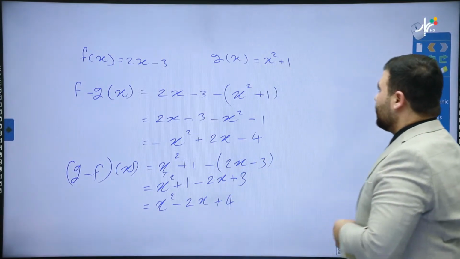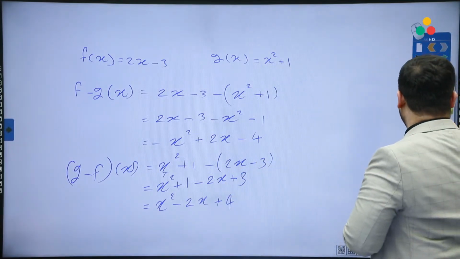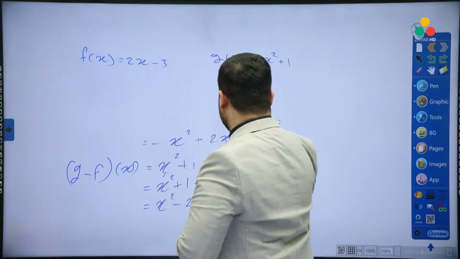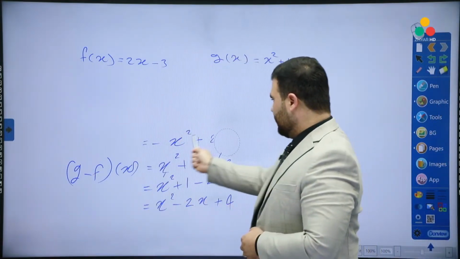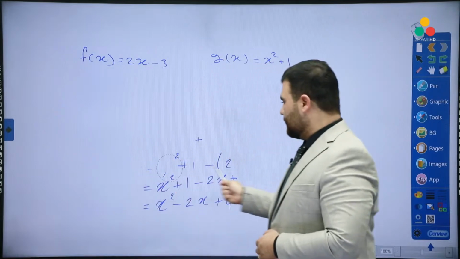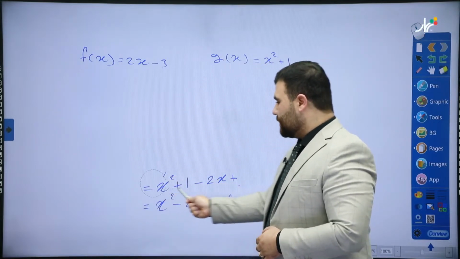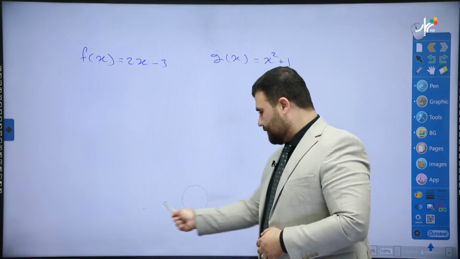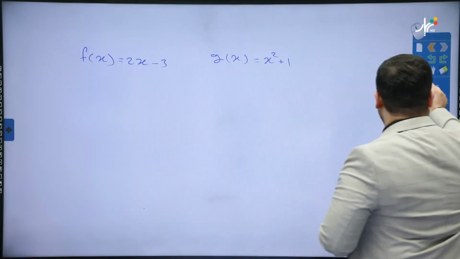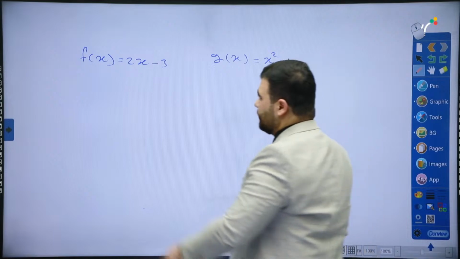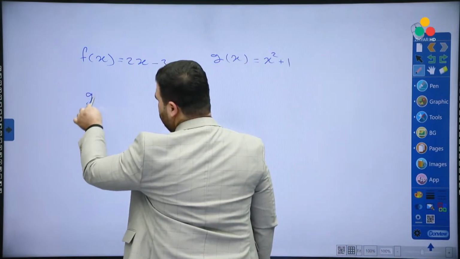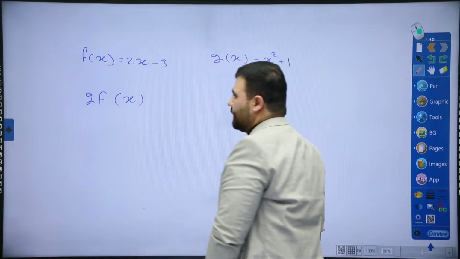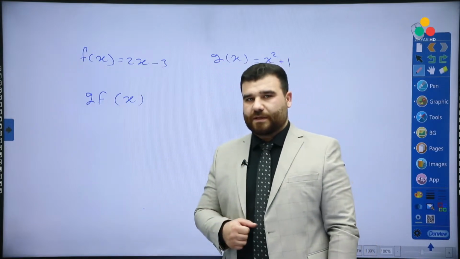These are simple. What if we have g times f(x)? This time we're going to do g times f(x). Sometimes there's a little dot between them. The dot is still multiplication.